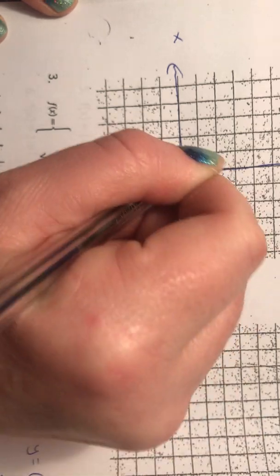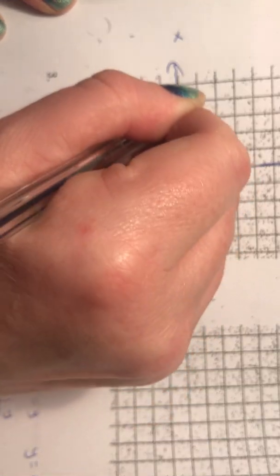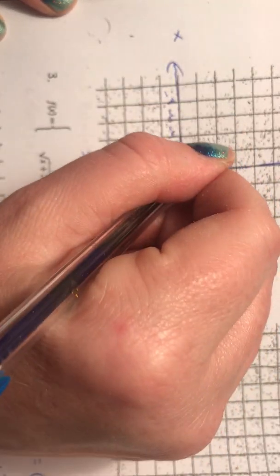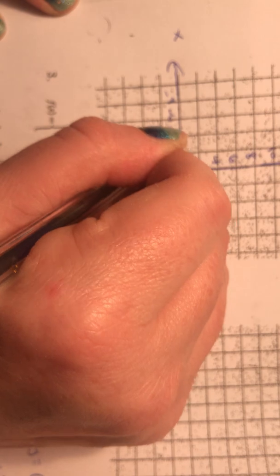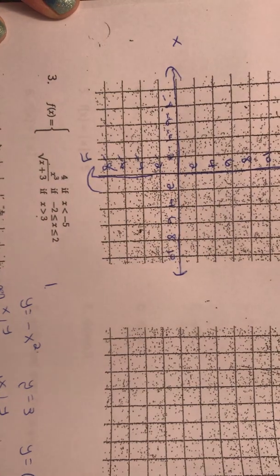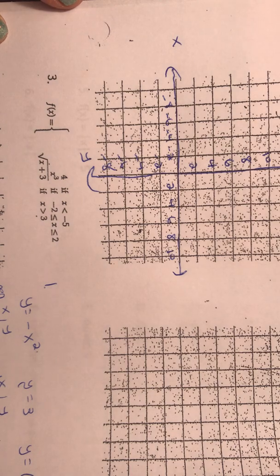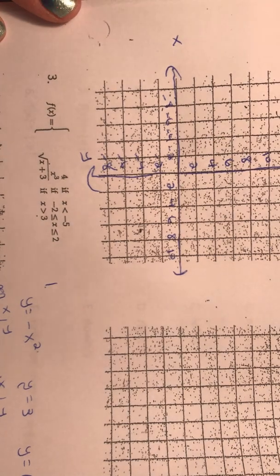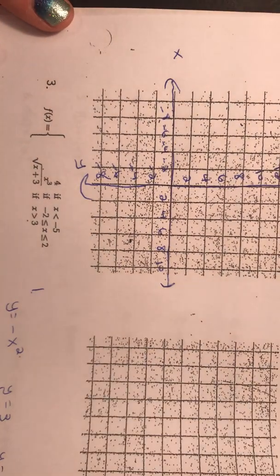And I'm labeling the y-axis to go by 2s. You can also go by 4s if you choose, whichever one you'd rather. You get to make your own scale, like so. So if I'm not going by 1s, I do have to label that. Otherwise, I'm assuming you're going by 1s.